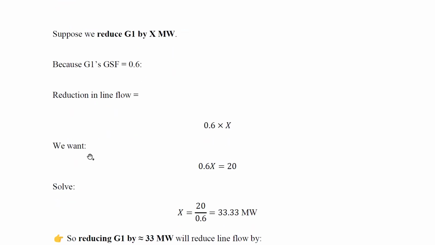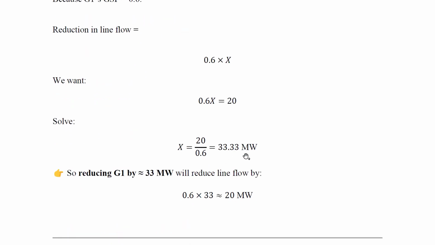So we want 0.6 times X equal to 20 megawatt, and we have to calculate X. So X is 20 divided by 0.6, which is nothing but 33.33 megawatt.